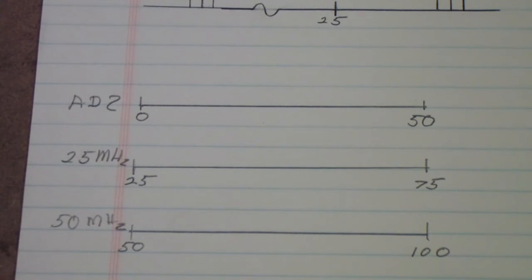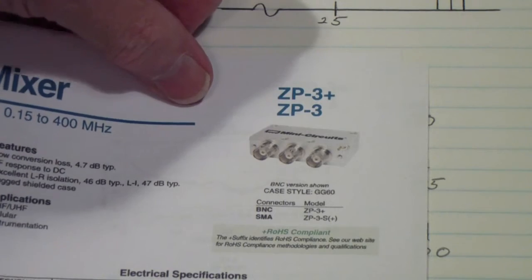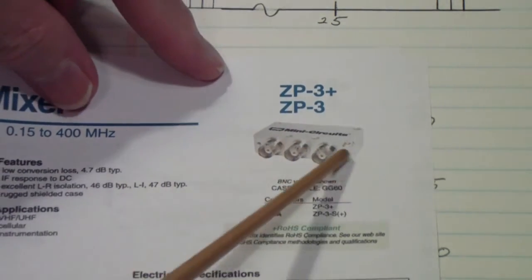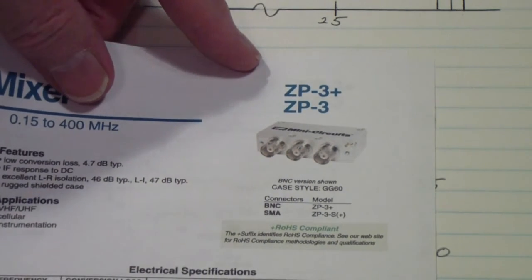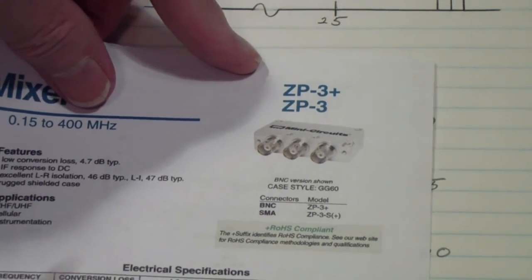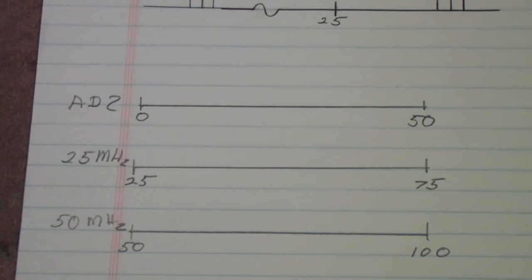Now, if you use a mixer like the ZP3 from Mini Circuits, and they have much cheaper mixers. This one costs around $50 if I remember right, but they have mixers that sell for less than $10 in a different package, a through-hole PCB package.